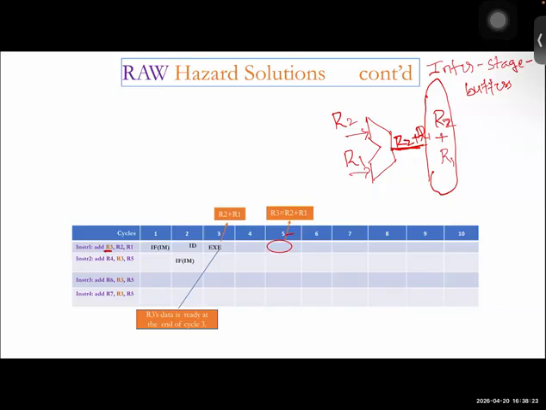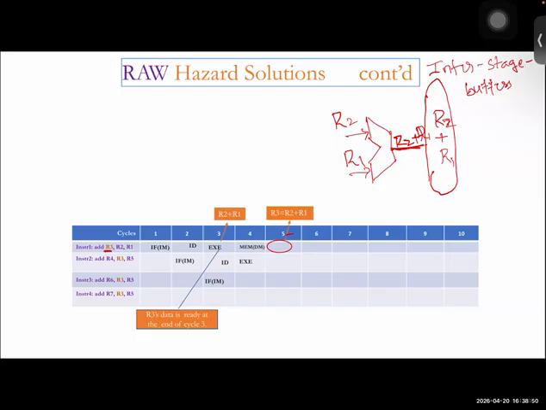So then at the third stage, instruction 2 enters into instruction decode stage. Instruction 3 is allowed inside the pipe in the instruction fetching stage. At the fourth cycle, instruction 1 moves into the memory access stage, and instruction 2 enters into the execution stage.